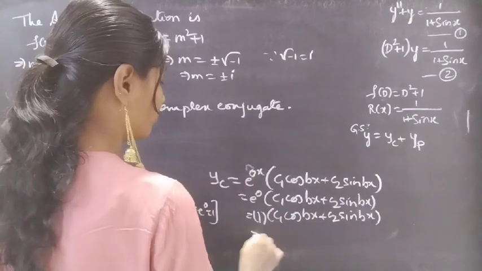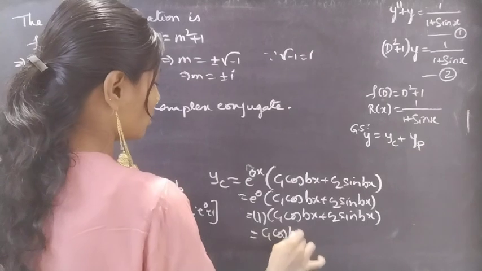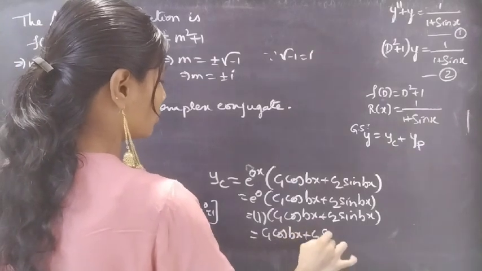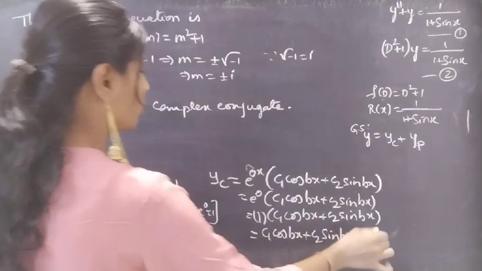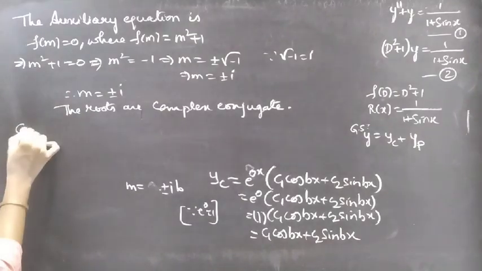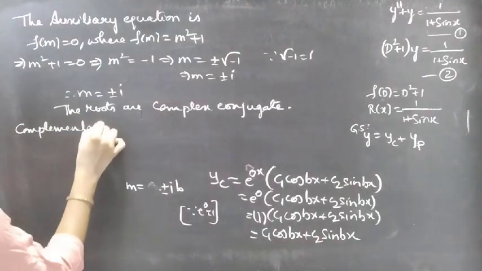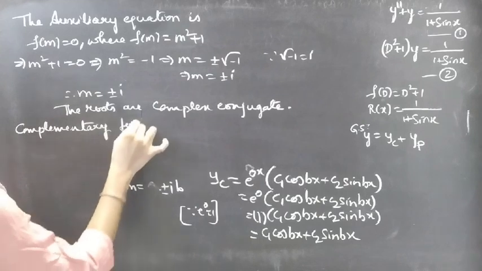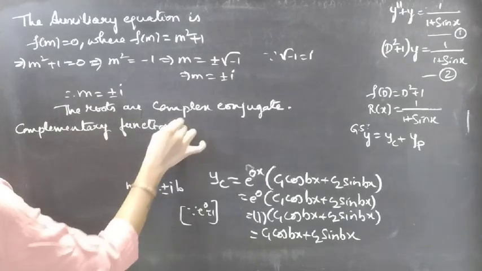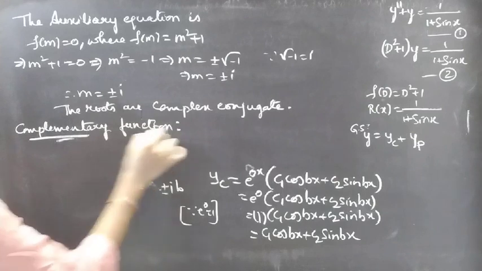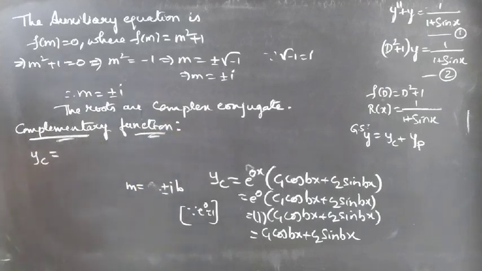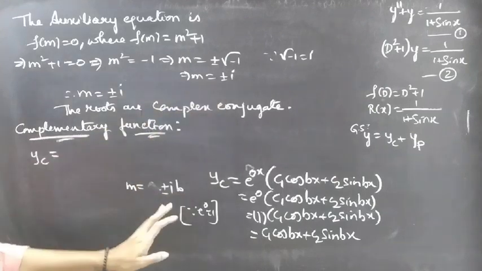Which gives us c1 cos bx plus c2 sin bx. Let's now write the complementary function to our problem. yc equals, just compare plus or minus i with plus or minus ib.